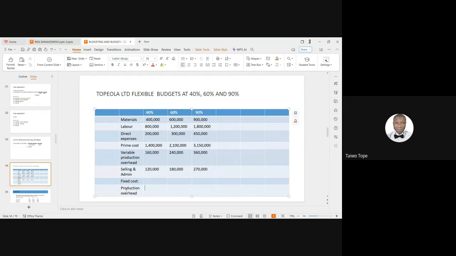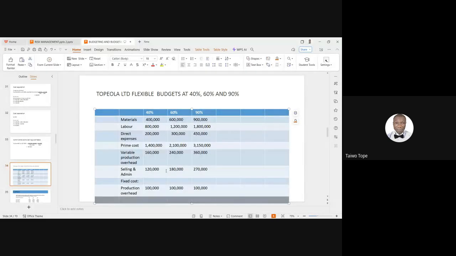From the workings, your fixed cost is what? 100,000. 100,000 is a constant value. Does anybody want to ask why we are having 100,000 all through?